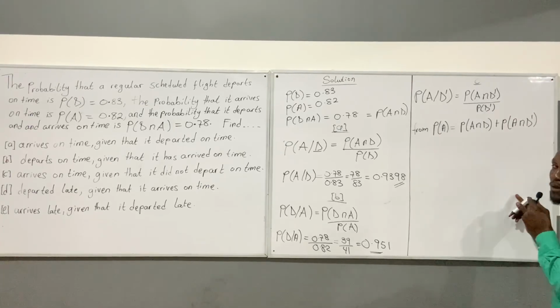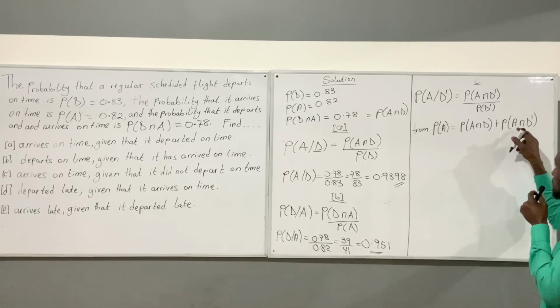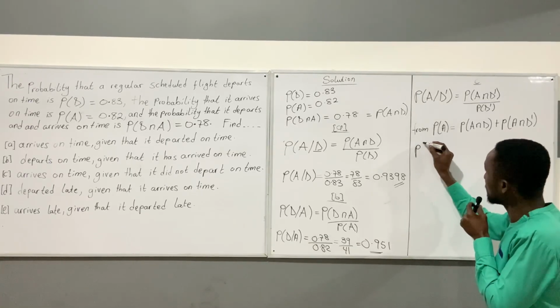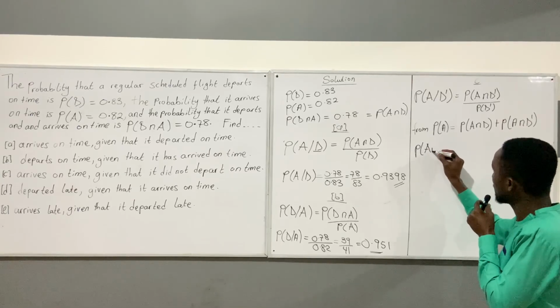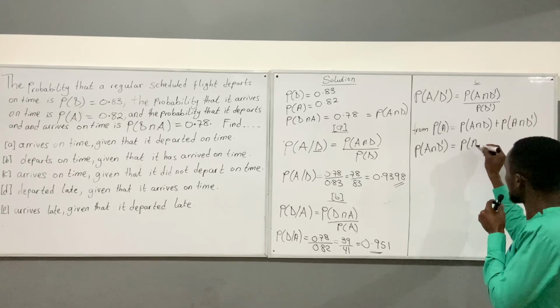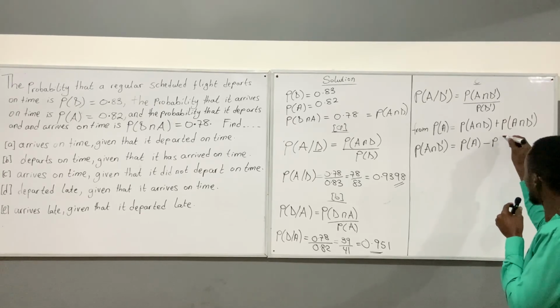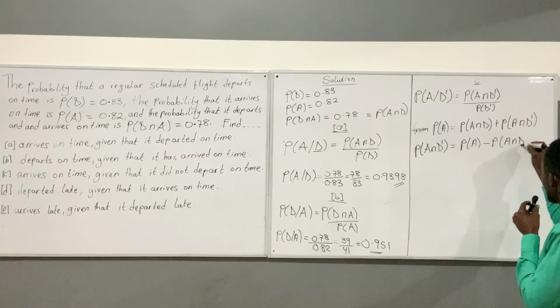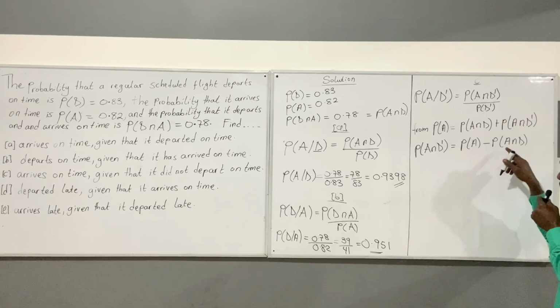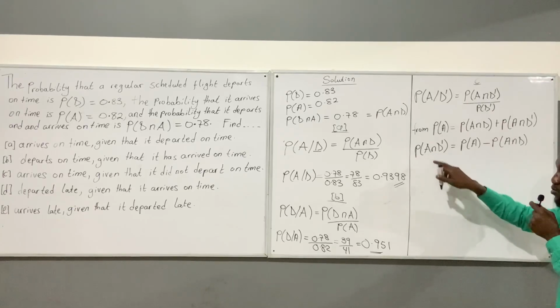This is the general formula. Now we can make this one the subject. When we make it the subject, we are going to get P of A intersection D complement. It's going to give us the probability of A minus the probability of A intersection D. Do you understand? Now we have the probability of A and A intersection D, so we can solve for this.